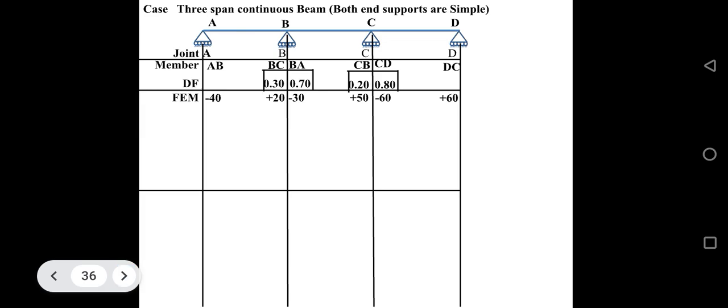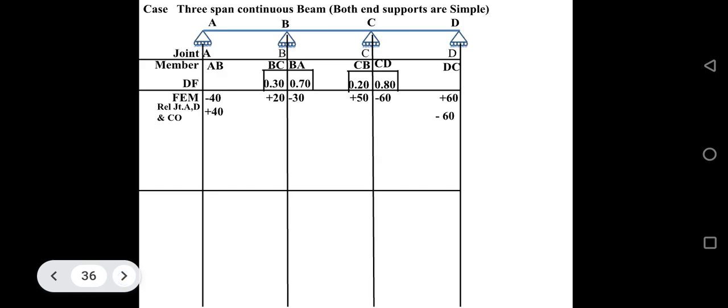Now how to proceed? First of all, it is required to release joints A and D, because these joints are simple and we assumed them fixed, that's why there are moments of minus 40 and plus 60. So you are supposed to release them by applying a moment equal in magnitude and opposite in direction. Here a moment of plus 40 is applied.